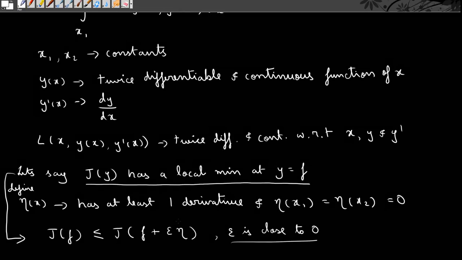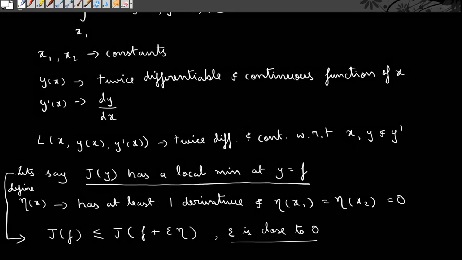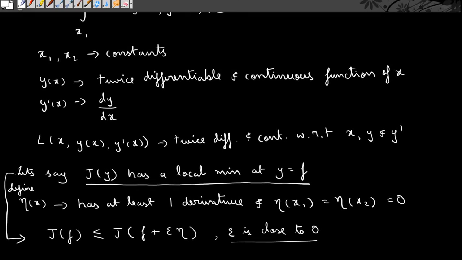So this ensures that it is in the locality of f, and we have assumed that the function J of y has a local minima at the value of f. So in the locality, the value of the function at f is always going to be less than or equal to the value of the function just beside f.